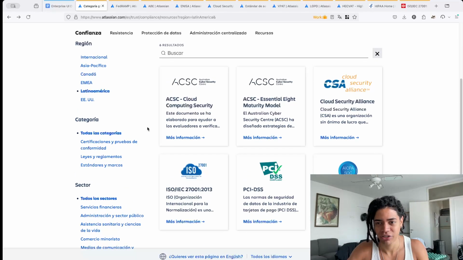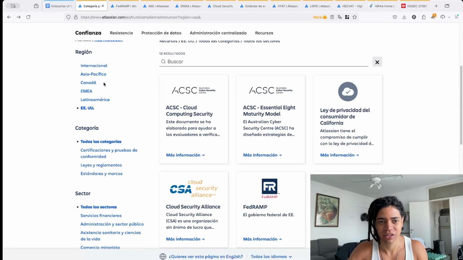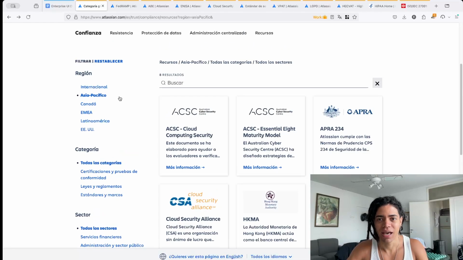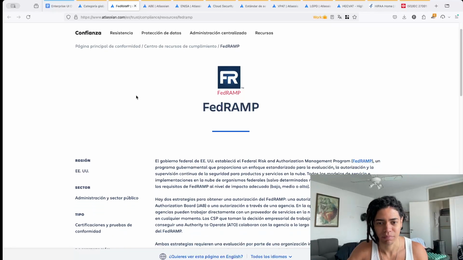So Atlassian is bombarded. Atlassian is bombarded, Asia Pacific. Atlassian is bombarded from FedRAMP, the Federal Risk and Authorization Management Program.